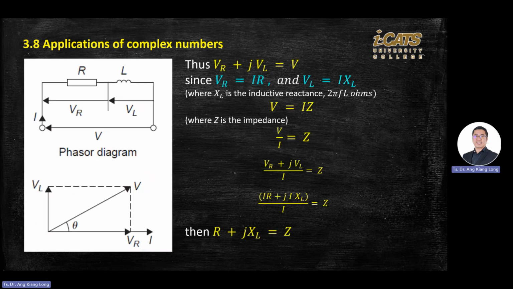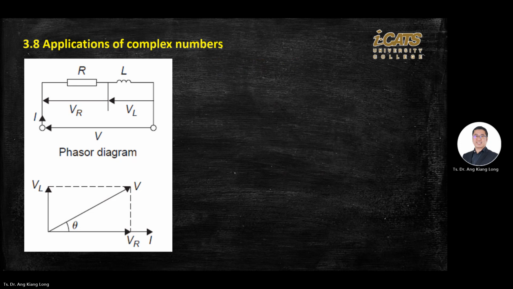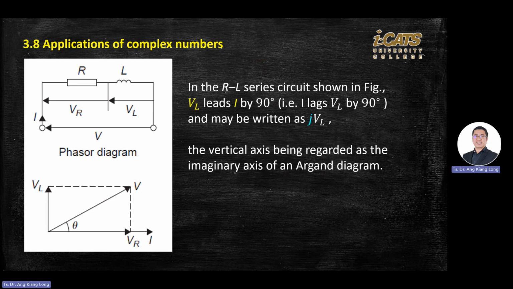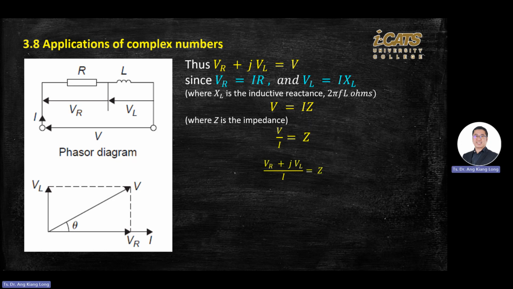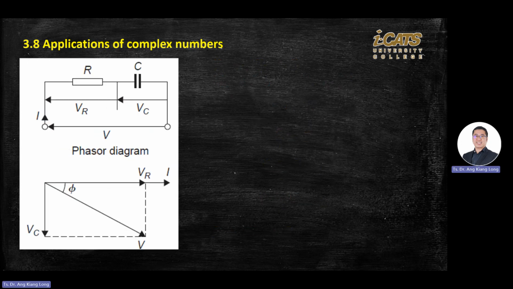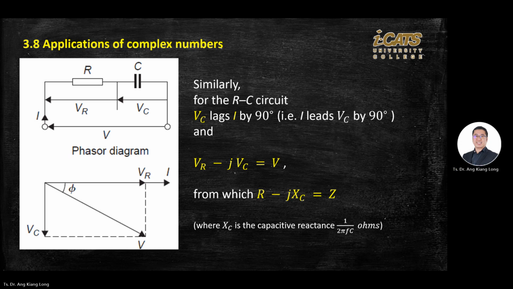So this is a phasor diagram, which is V leading I. This diagram is V leading R. At the moment, you just accept it, although it's not an electrical class. I just bring back this one. If you see a capacitor, the V will go to the fourth quadrant. And this is the phi, or you can say angle.